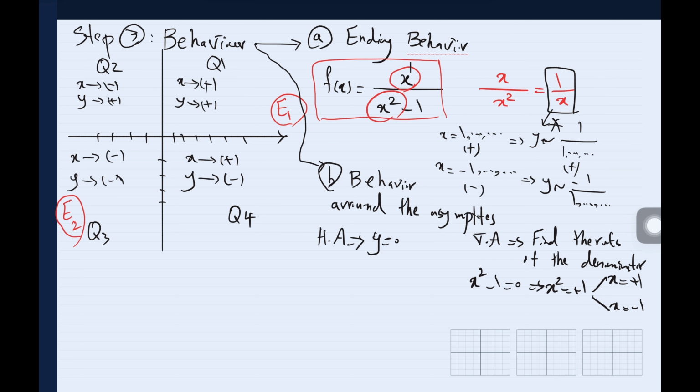So then there is a key point for any asymptotes, which is very important in this case, like in a rational function. So I'm going to write down those things with red color. So the key point is this: vertical asymptotes, the function is not allowed to cross or touch.